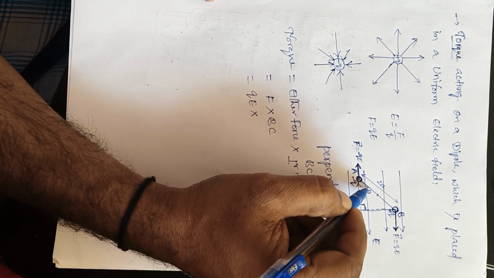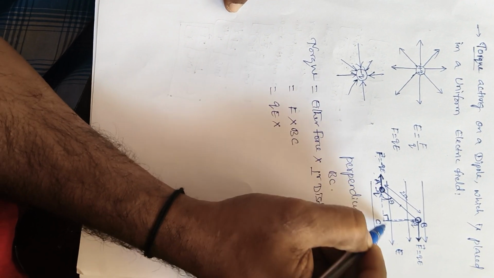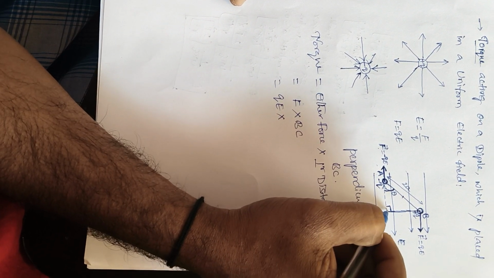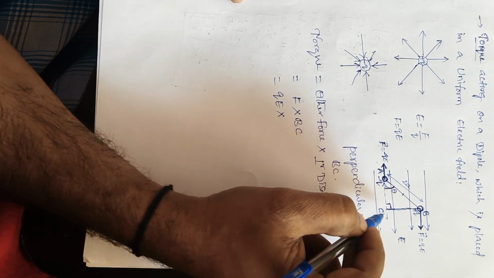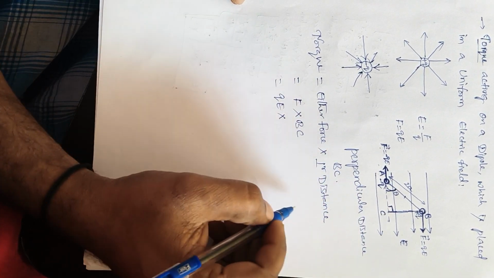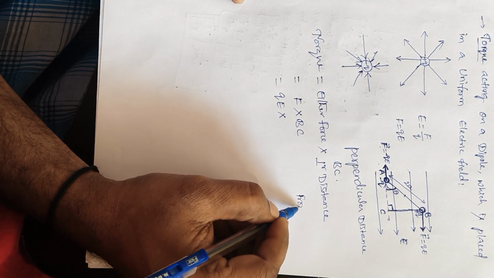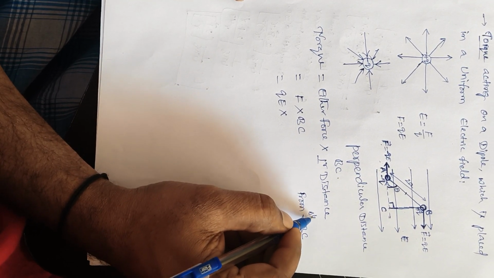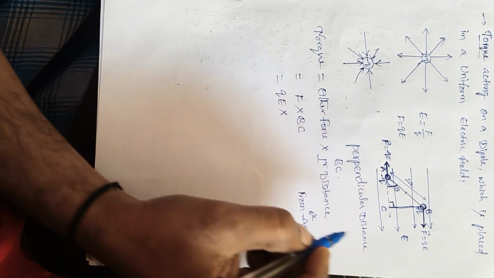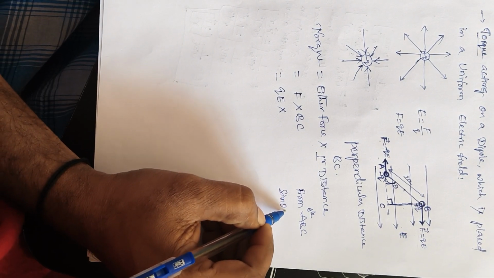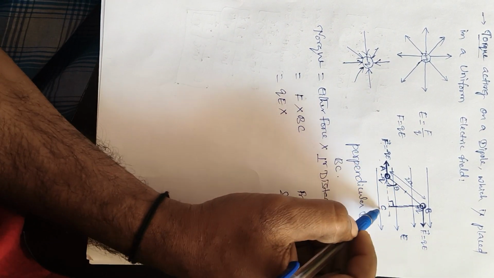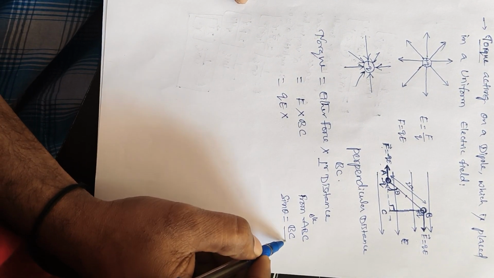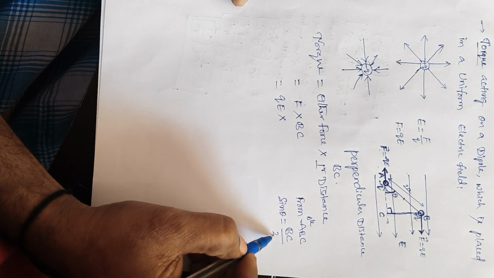Observe that the dipole makes an angle theta with the electric field, and BC is the opposite side. So which ratio is suitable for determining BC? Sin theta. From triangle ABC, sin theta is equal to opposite side by hypotenuse. The opposite side is BC and the hypotenuse is 2a.